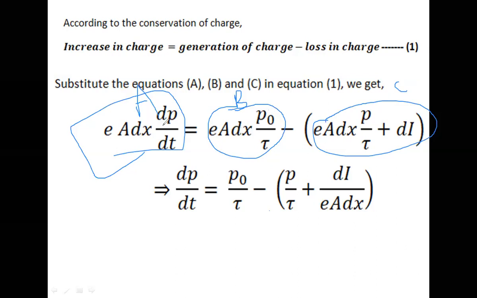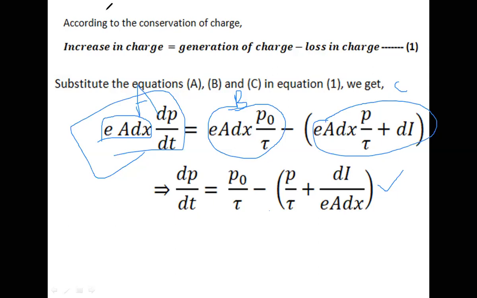After substituting equations A, B, C in equation number 1, we got this particular expression. I am just rewriting it by dividing both sides with E into A dx. Then we get the expression for the rate at which the minority carrier charge is changing within the considered volume: dP by dt is equal to P0 by tau minus P by tau plus dI by EA dx.